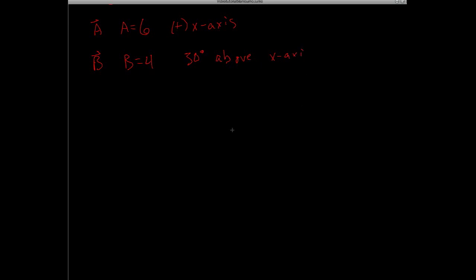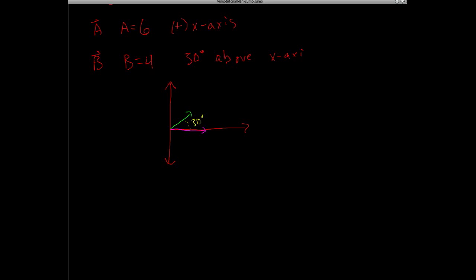If we think about this, let's draw an xy coordinate plane here. Vector A has a magnitude of 6, so it's right along this x-axis. And then vector B, let's go green, has a magnitude of 4, and it lies 30 degrees above the x-axis. So it's 30 degrees right here.